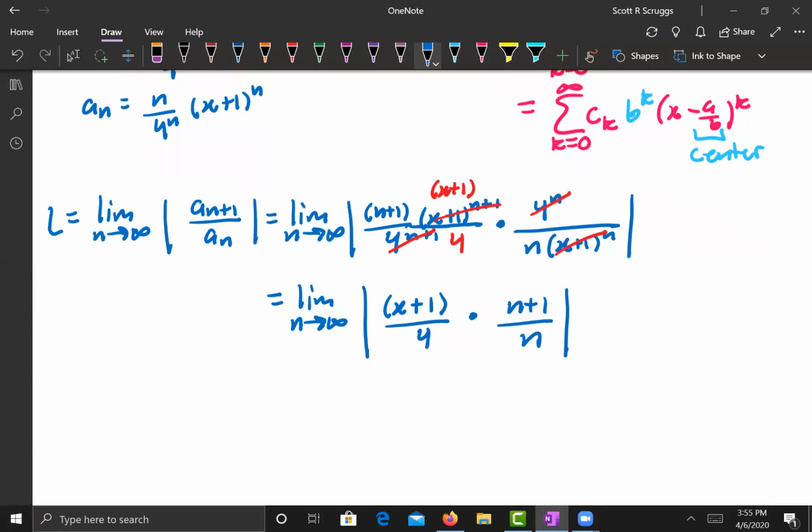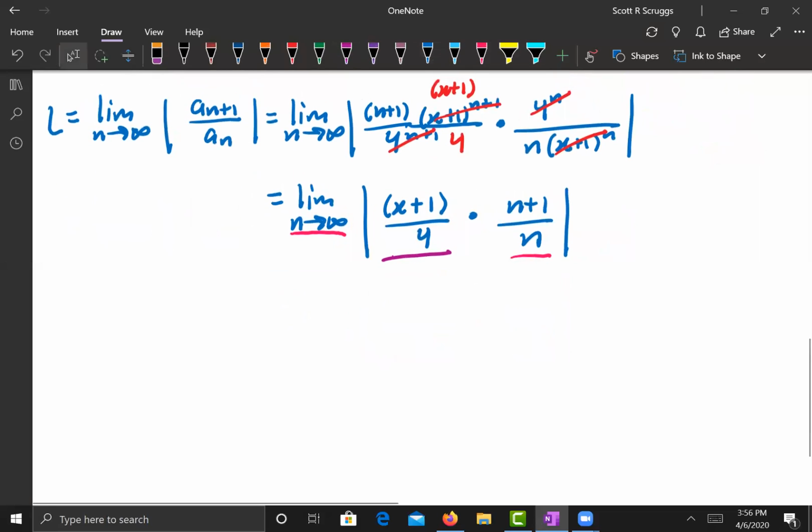Now, the reason why I decided to separate everyone that has an n from everyone who doesn't is because I'm taking a limit as n goes to infinity. And so because I'm taking that limit as n goes to infinity, this part is going to remain inside the limit, while this part, underlined in purple, is treated as a constant and gets to be factored out.